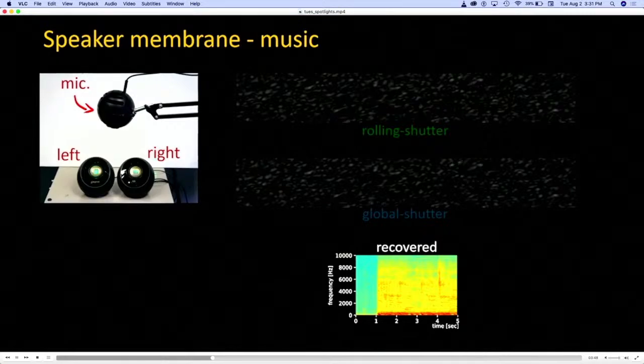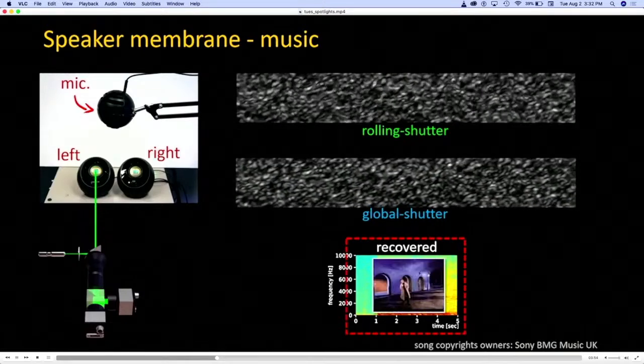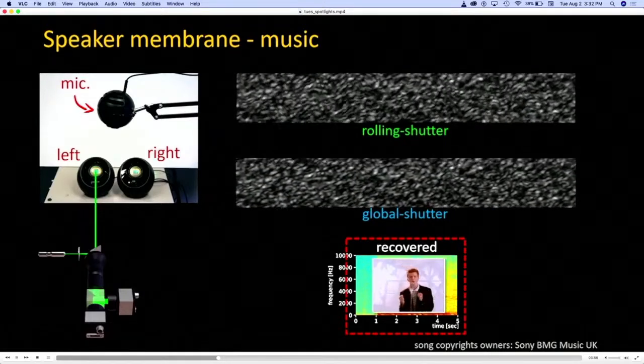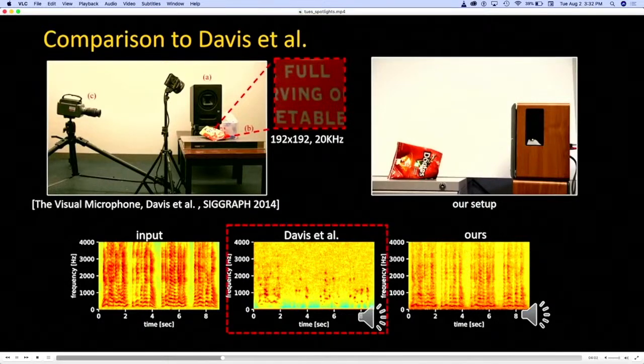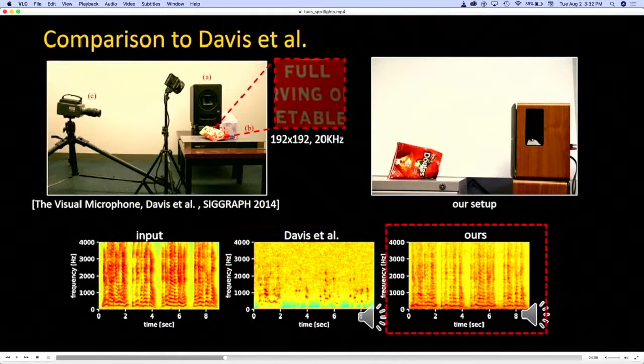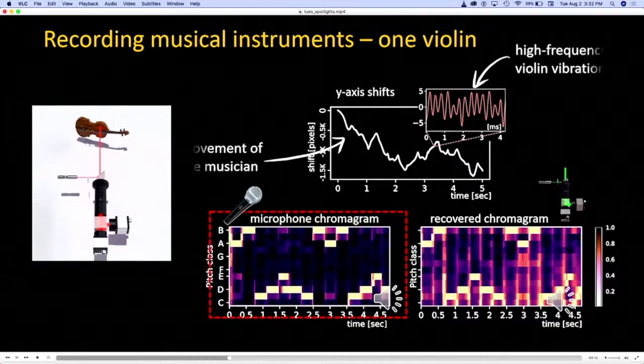We demonstrate our method by capturing various audio sources, like a speaker membrane, a chips bag reacting to a nearby sound source, Mary had a little lamb whose fleece was white as snow, and various musical instruments.